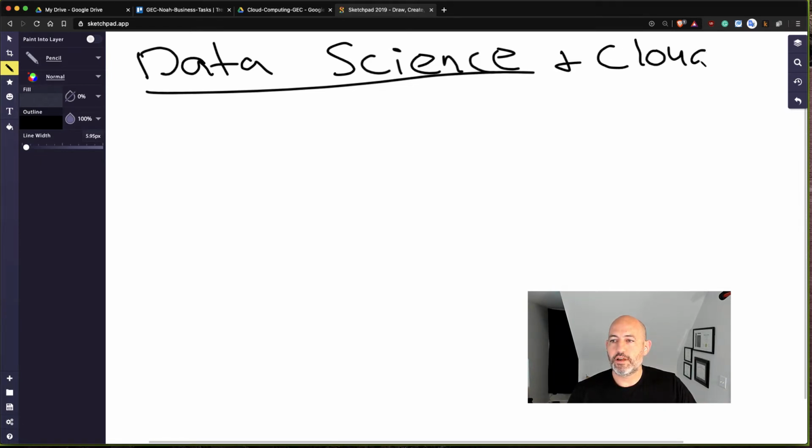And this is a very interesting topic because, again, many universities especially are not actually doing cloud computing. Even at the elite level, there's some, but it's a very small amount.